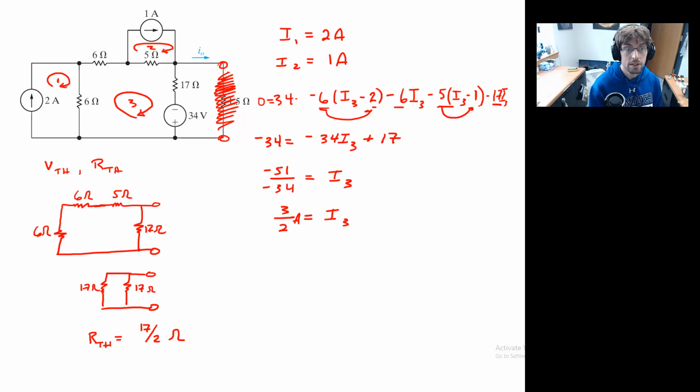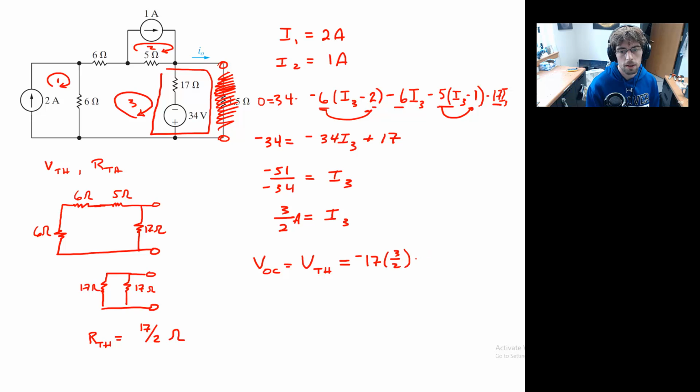Well, I guess the easiest way to get the potential difference now would be to consider this branch. And so we get that the open circuit potential, or the Thevenin potential if you prefer, is going to be, well, let's see here. We'll get a drop of 17 ohms times 3 halves.